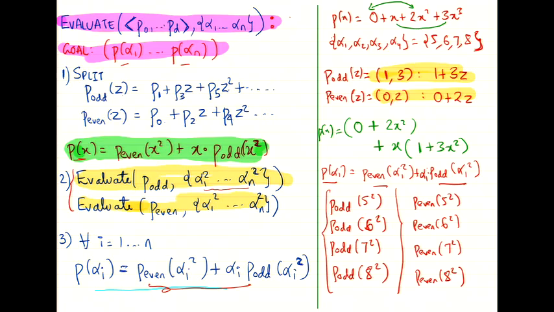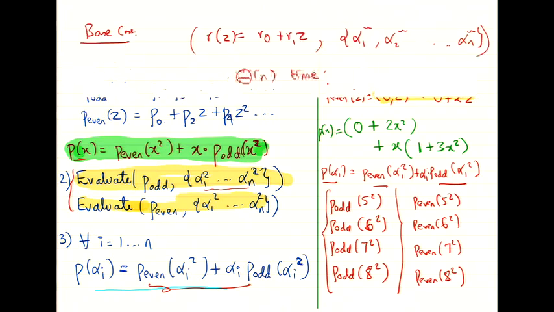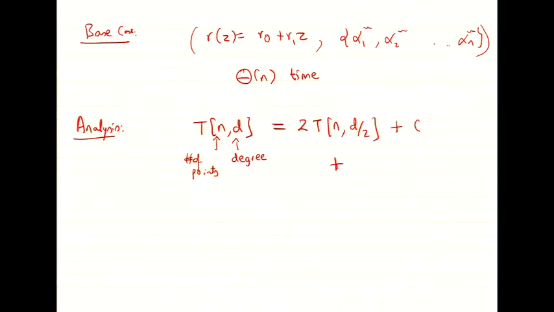That's order n. So you get the recurrence T of n comma d is 2T of n comma d over 2 plus order n. And the base case, T of n comma 1, we decided is order n.